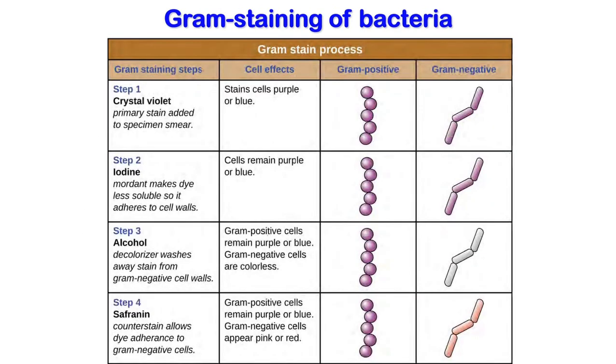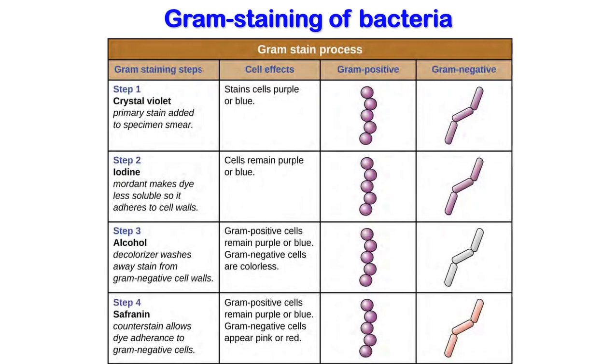So we mentioned gram staining very briefly early on. Gram staining is used to differentiate between the gram-positive bacteria and the gram-negative bacteria based on their different cell wall components, as we discussed. So the first step in the process of gram staining is to add the primary stain, that's the crystal violet, to the cells.